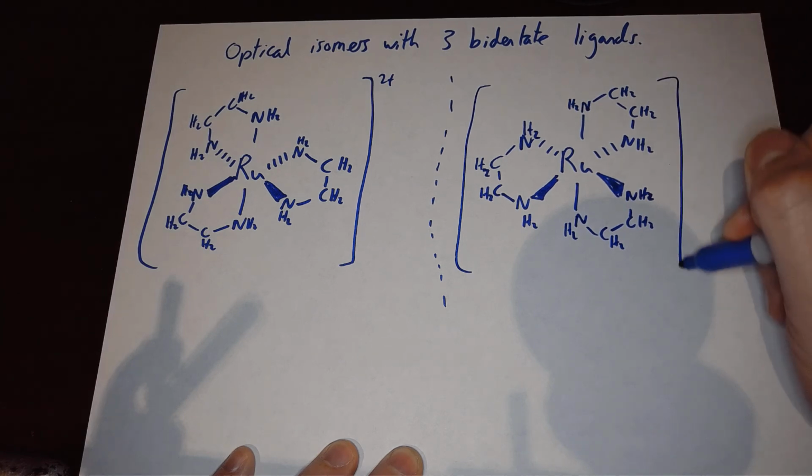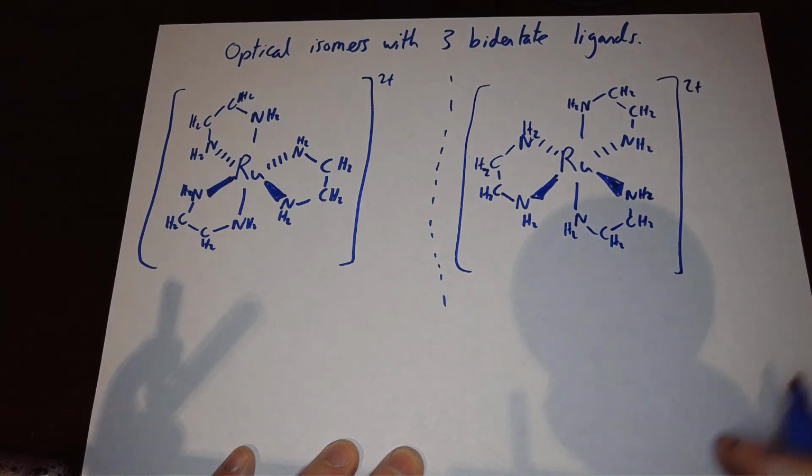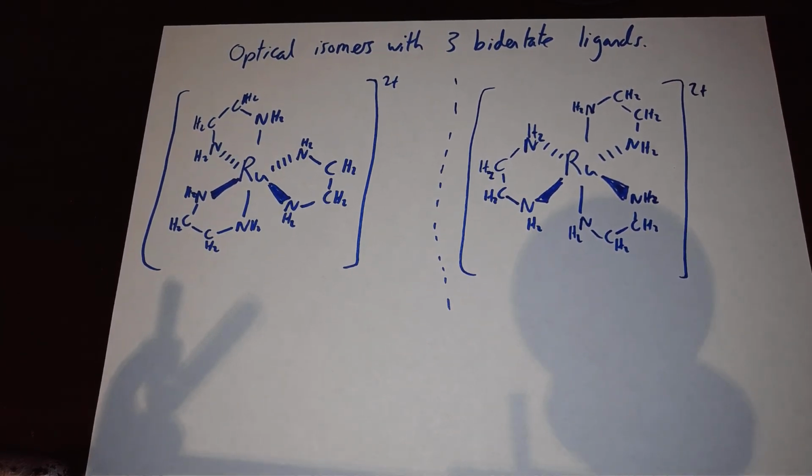Square brackets, 2 plus, and there you go. So they're the 2 cases where you see optical isomerism, 3 bidentate ligands, or, like we saw previously, 2 bidentate ligands with 2 monodentate ligands.